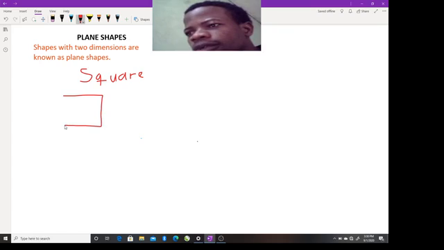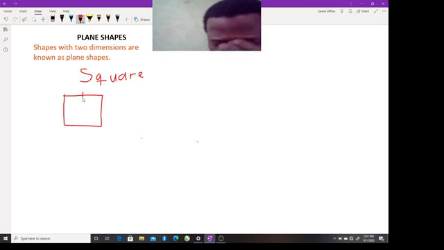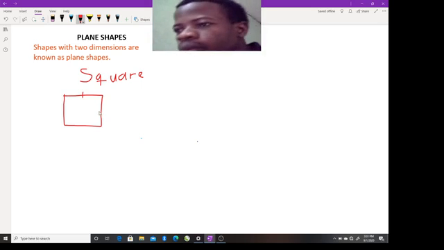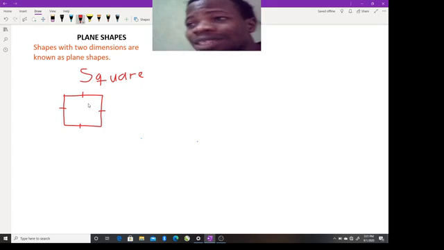Please note, all my drawings here are not to scale. By indication of all this, I'm trying to tell you that all the sides are supposed to be equal. So this is the first thing about the square. All the sides are equal.